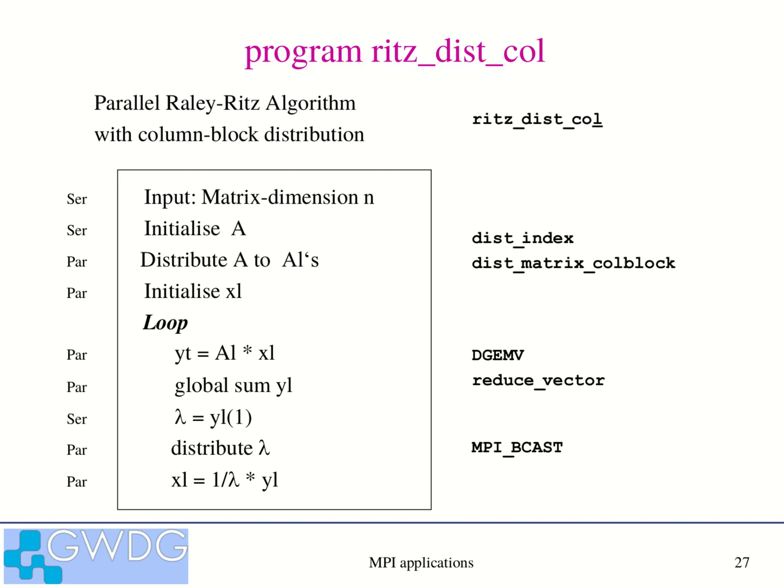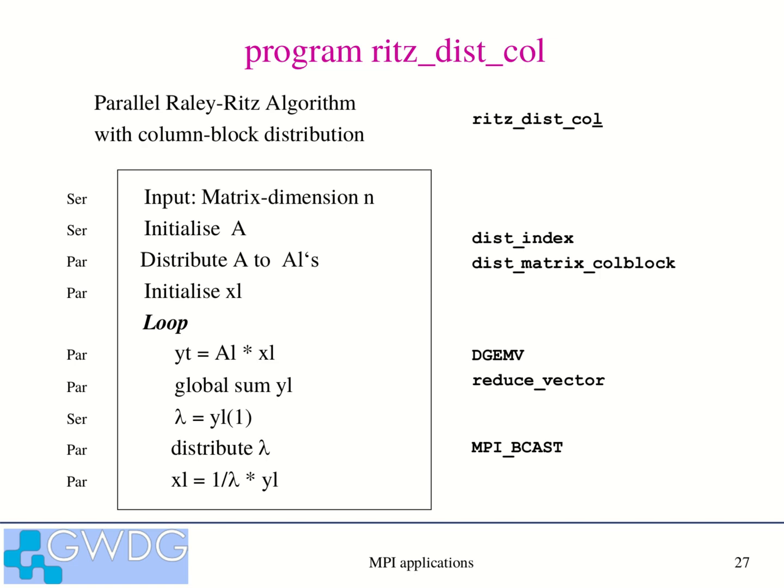Then you have to initialize the matrix whose eigenvalue you want to calculate. Then you have to distribute the local column blocks to all the processes. And then you have to initialize the input vector, the local part, on all processes.